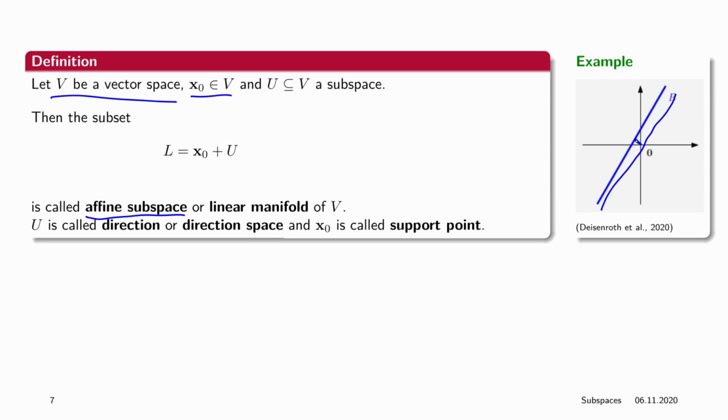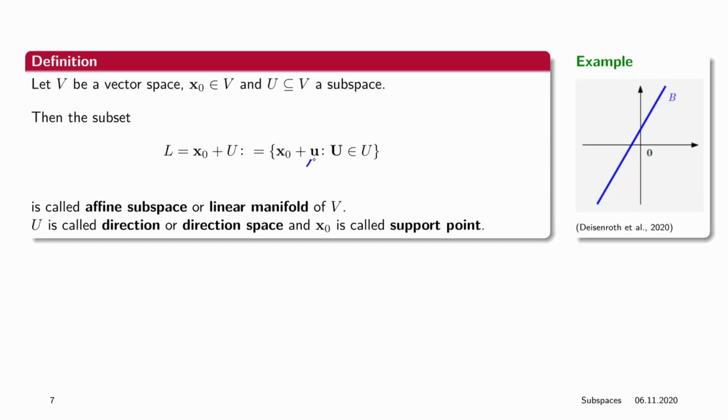So if x0 is this vector here, and this would be U here, and this would be L, we see that L is such an affine subspace. So it's really the set of vectors u, element of the subspace, plus x0.